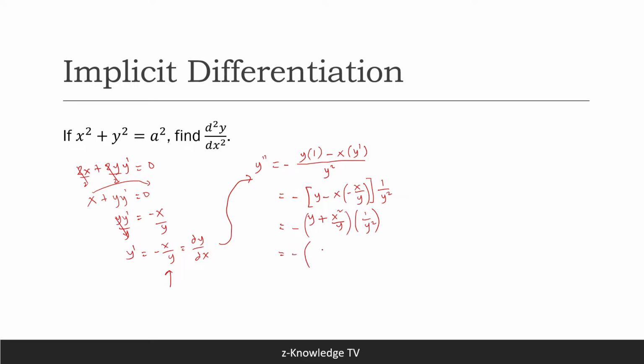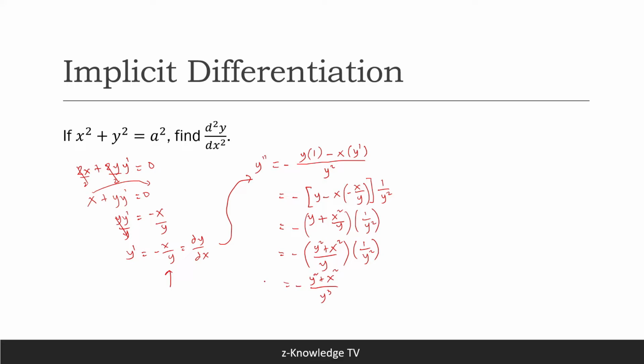Mangyari, minus y squared plus x squared over y multiplied by 1 over y squared. Okay? Then, ang magiging final answer natin is minus y squared plus x squared over y cubed.